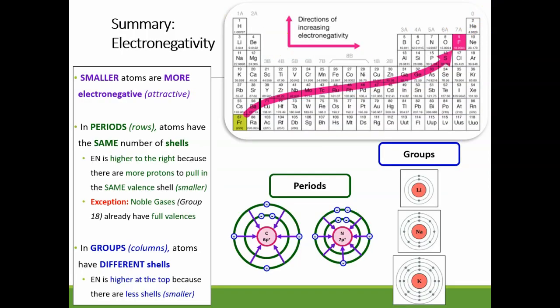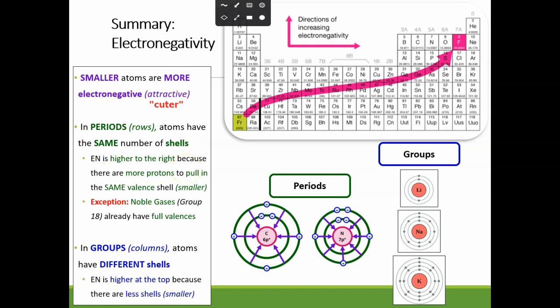Okay, so again, smaller atoms, we've said it 1,000 times, are more electronegative, more attractive. Again, think about the fact that they are, as we could say, cuter. Now, we did talk about the pattern yesterday in periods. We said in periods, atoms have the same number of shells. And so as you go from left to right within a period, you actually get smaller.